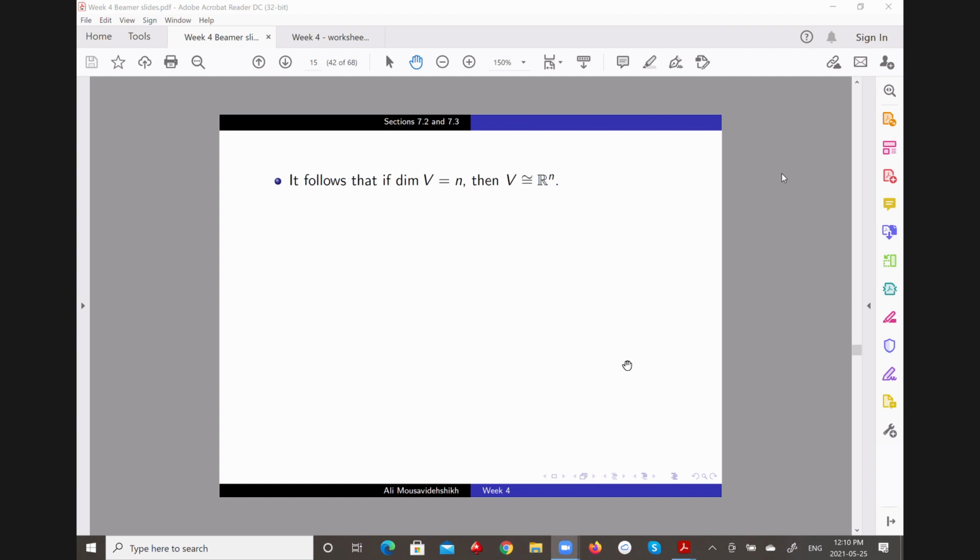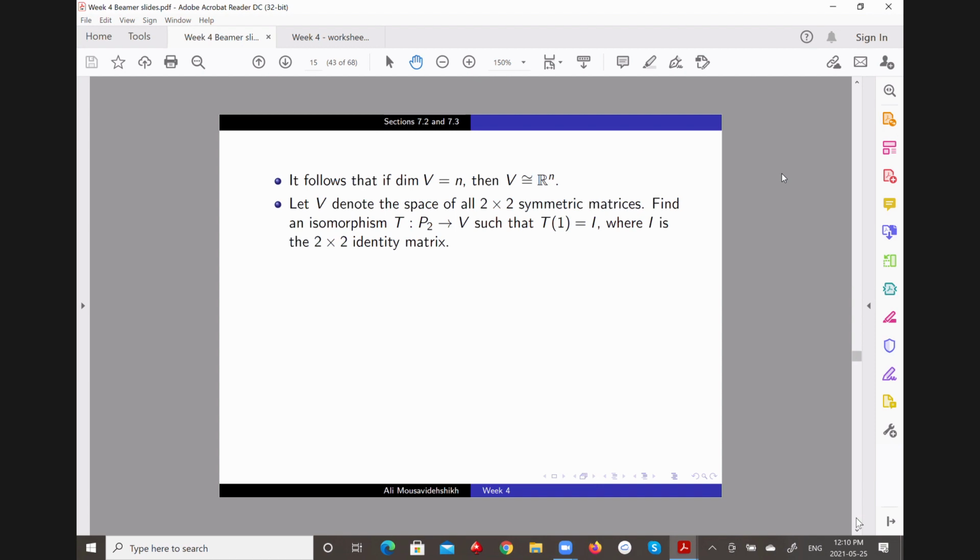Okay. So if V denotes the set of all 2x2 symmetric matrices, we want to find an isomorphism that goes from P2 to V such that T of 1 equals I, where I is the 2x2 identity matrix.